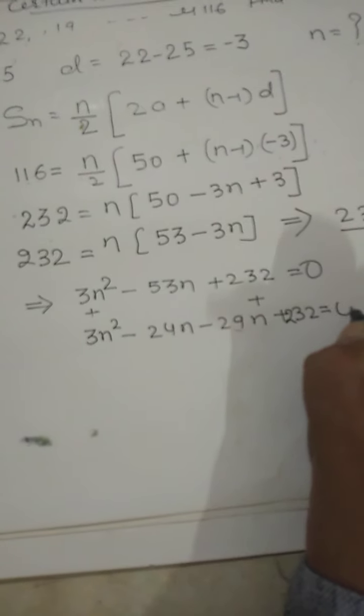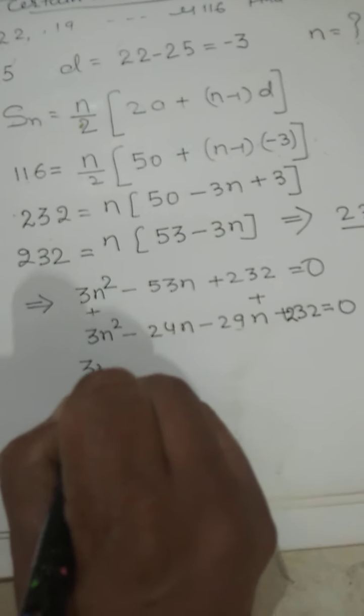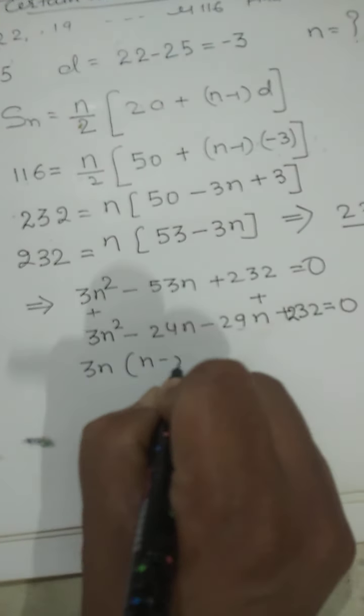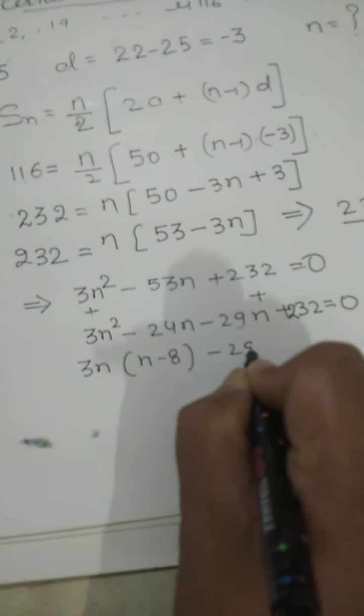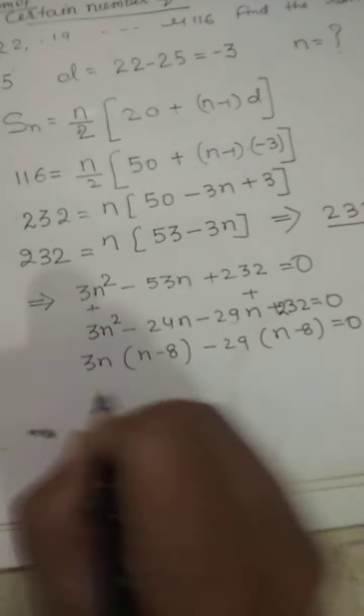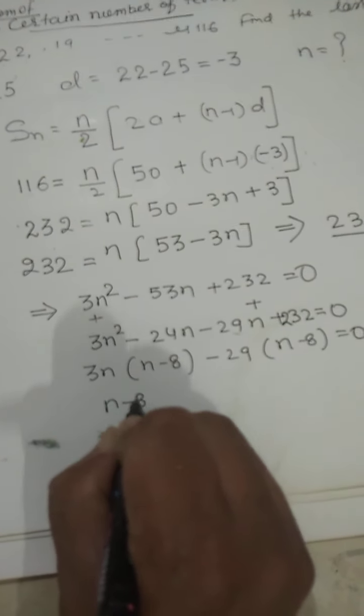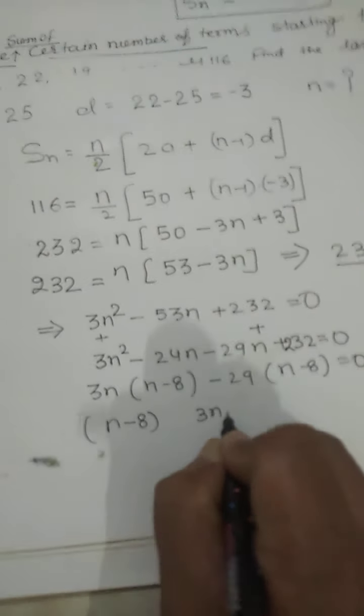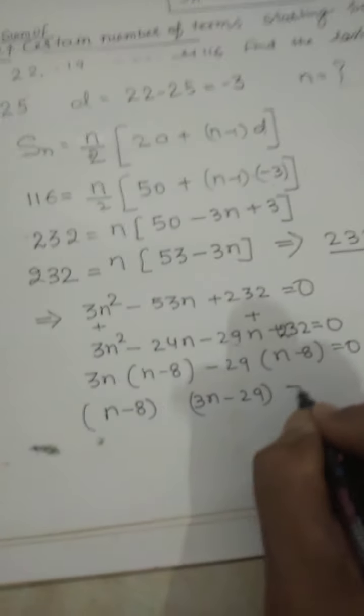is equal to 0. Now take 3n common here, (n minus 8), minus 29 common here, (n minus 8) is equal to 0. So this is (n minus 8)(3n minus 29) equal to 0.